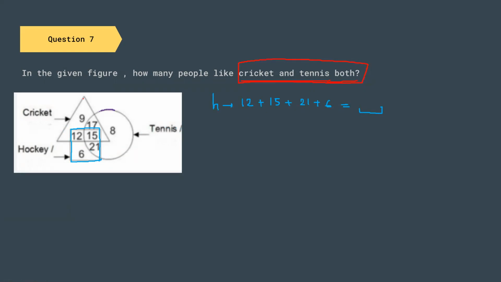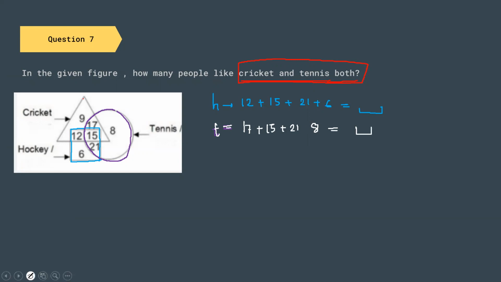Take another color. This many people love tennis. You can see this color is almost not visible, so let us just revert back to white. So this is tennis. And how many people love tennis? 17 people plus 15 people plus 21 people plus 8 people love tennis, whatever it might be.